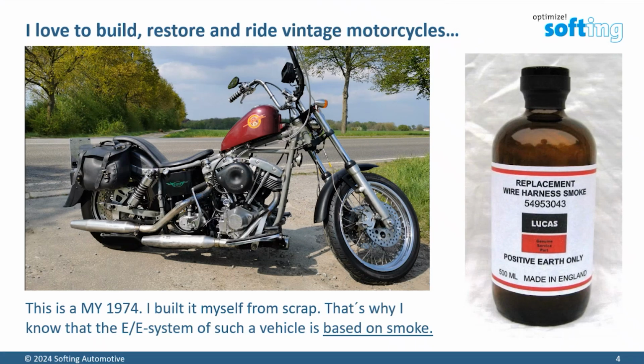Let's start. What are we talking about? I love to build, restore, and ride vintage motorcycles. And this, what you see here, is a model year 1974. The thing is that I know the EE system because I did it by myself. And for that reason, I know that the diagnostic system on the EE system of such a vehicle is based on smoke. You can also see on the right-hand side, there's replacement wire harness smoke available from Lucas, who is an English supplier of spare parts.